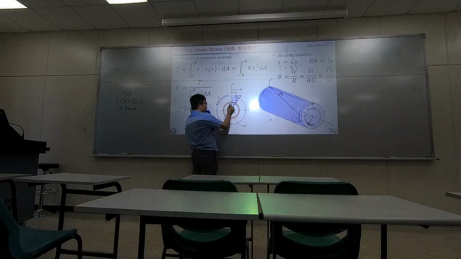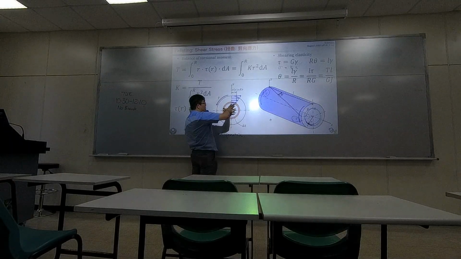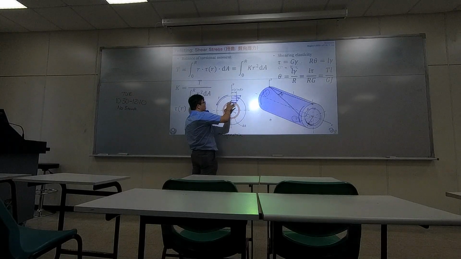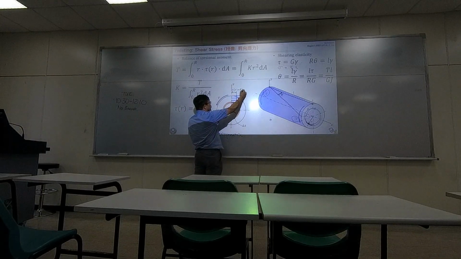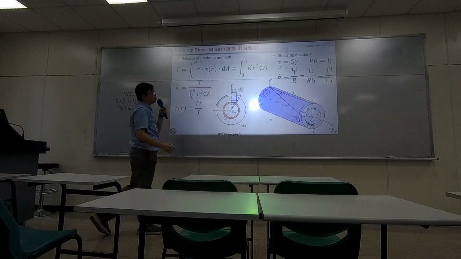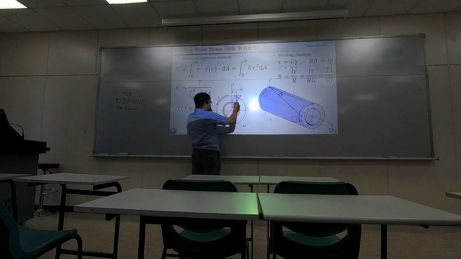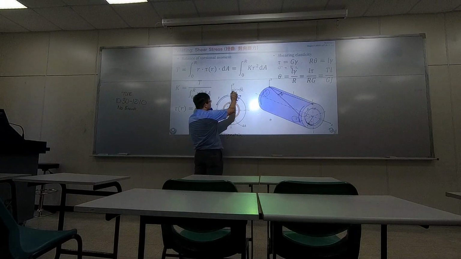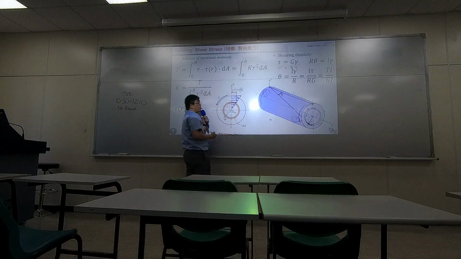As the radius increases, you have more torque generated by the shearing force. So we can assume the shear stress should be linearly proportional to the radius. The only question is what the linear relationship is. So there's an unknown k right there. Now, right here at radius r, tau of r equals k r. So we define it in this way.